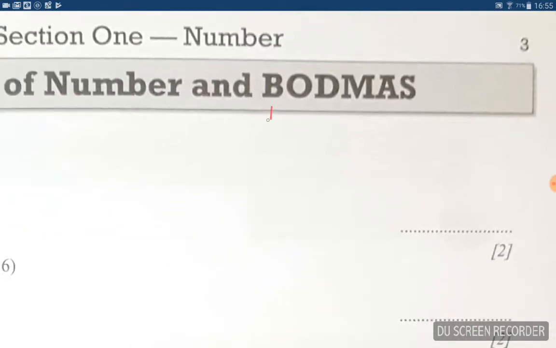So I'm going to write it here: brackets, order or indices, then we have the division, we have the multiplication, we have the addition and the subtraction.